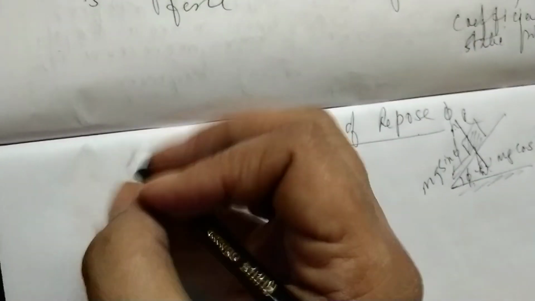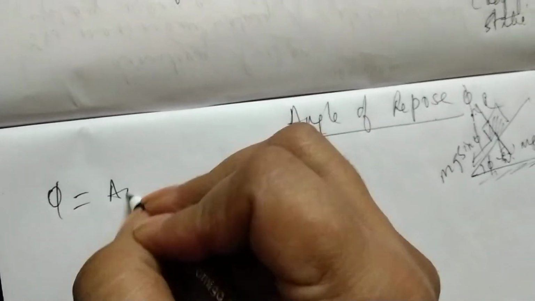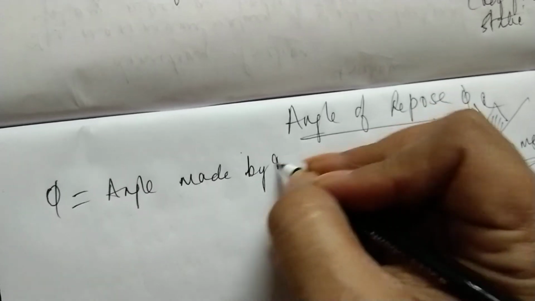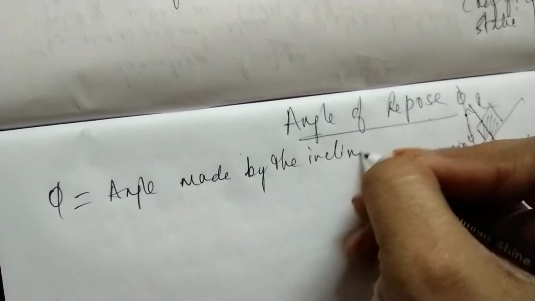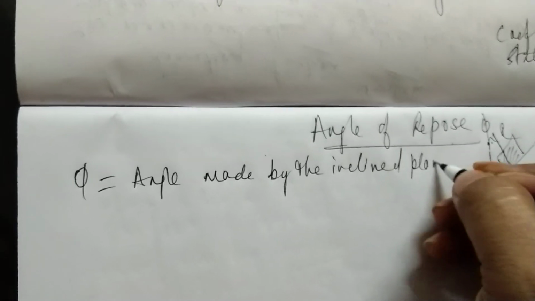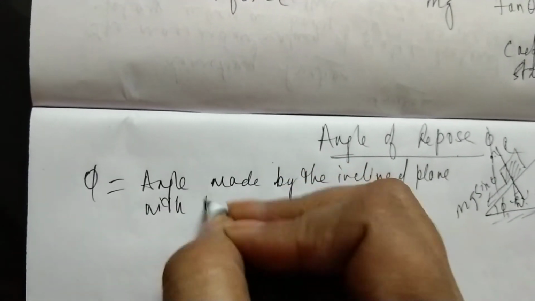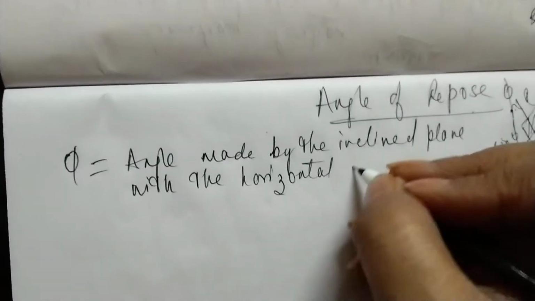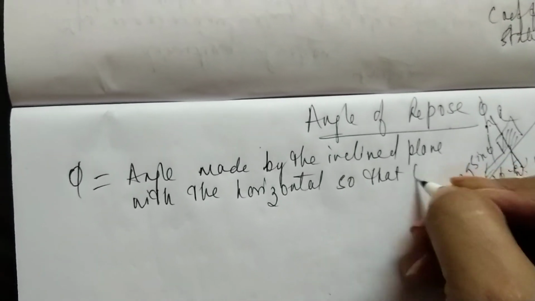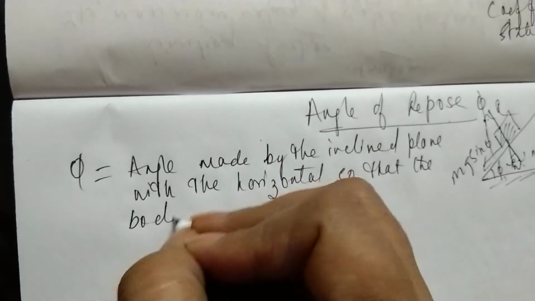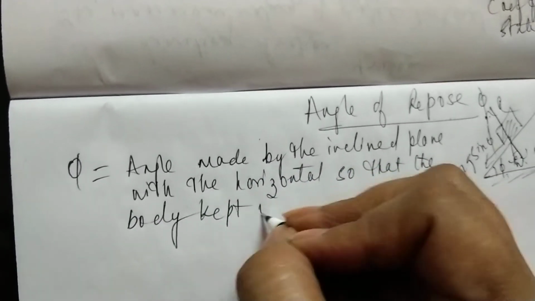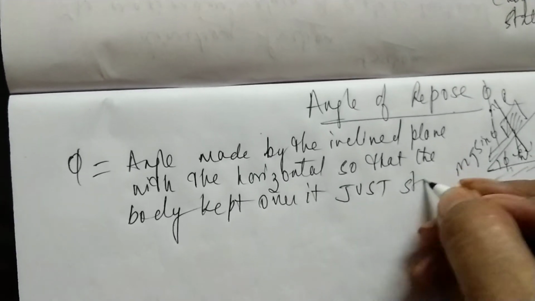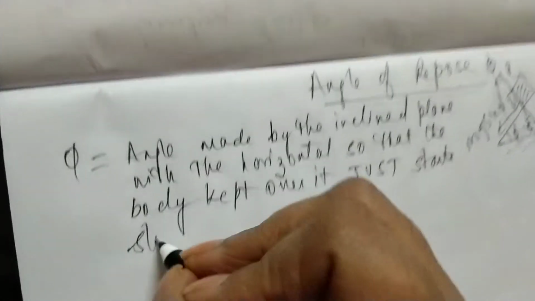So the angle of repose is the angle made by the inclined plane with the horizontal, so that the body kept over it just starts sliding down.